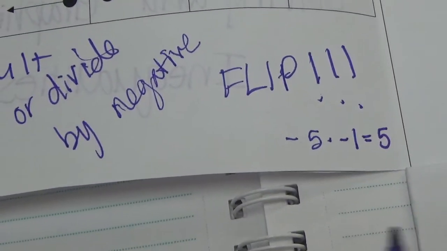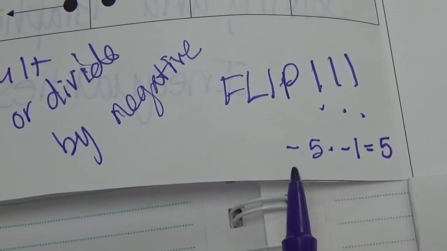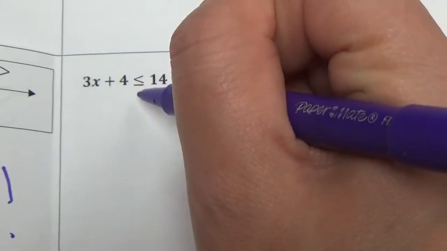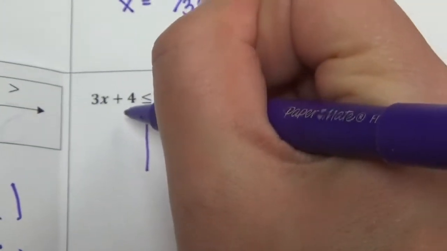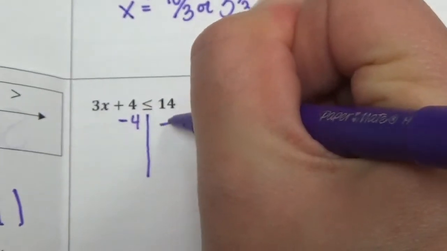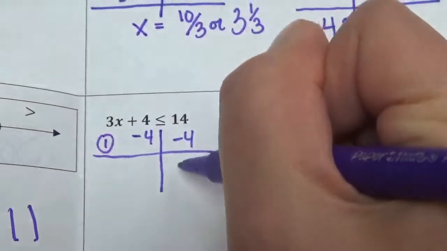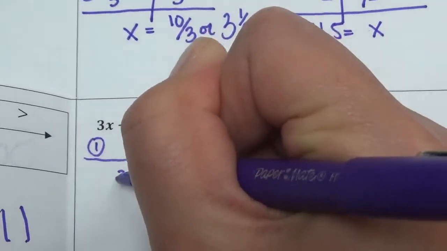So that is why whenever you multiply or divide by a negative, you're actually going to flip the inequality sign. So we're going to treat everything else the same about inequalities. We're going to draw our mirror line. We still subtract the constant on both sides because we have a positive constant. And we get 10, and we have 3x.